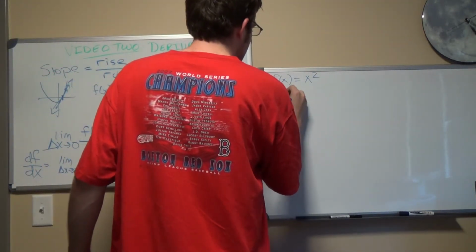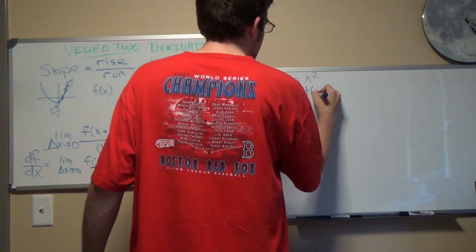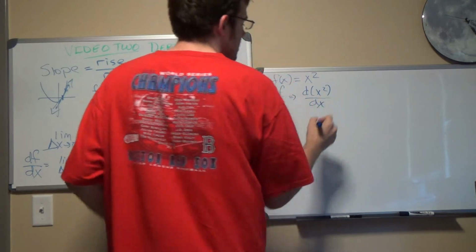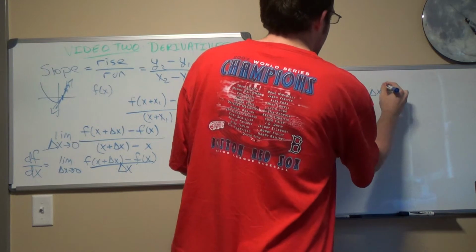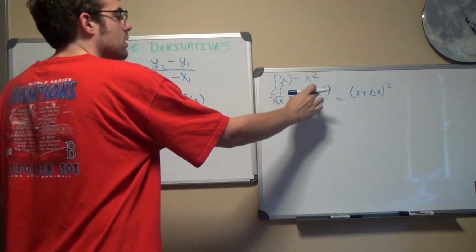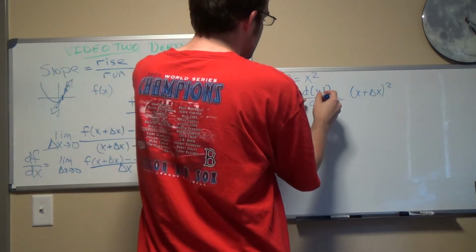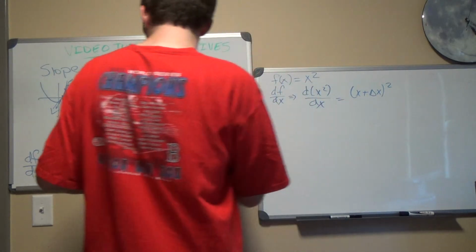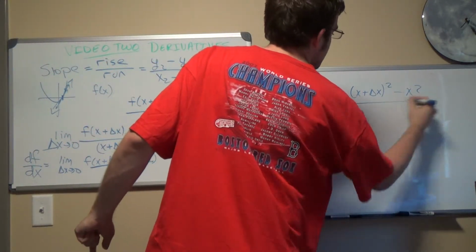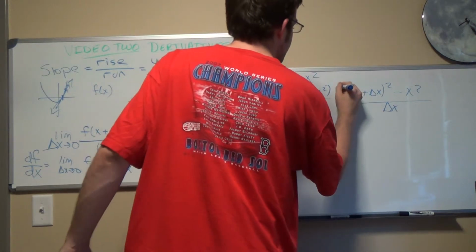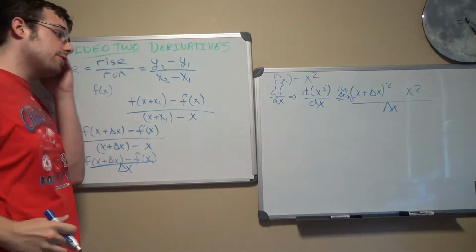So d/dx of x squared equals x plus delta x squared minus f of x, which is x squared, divided by delta x. And we have the limit as delta x approaches 0 of this entire function.